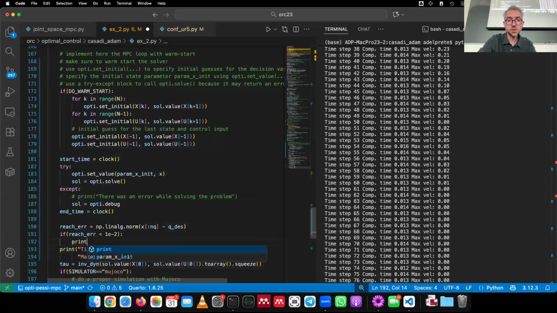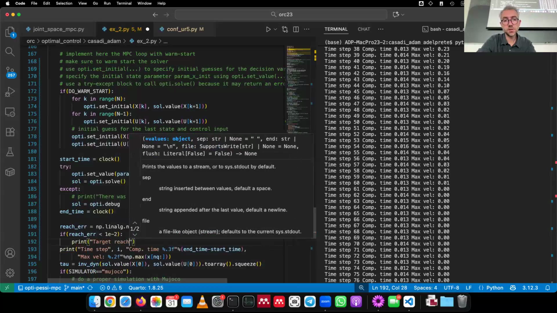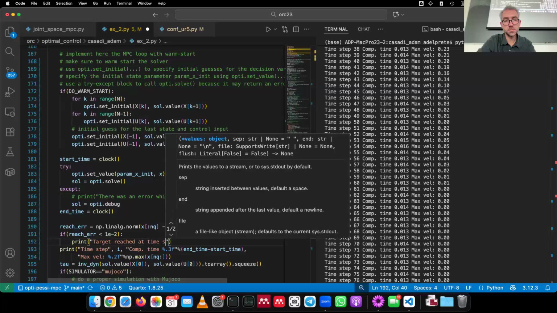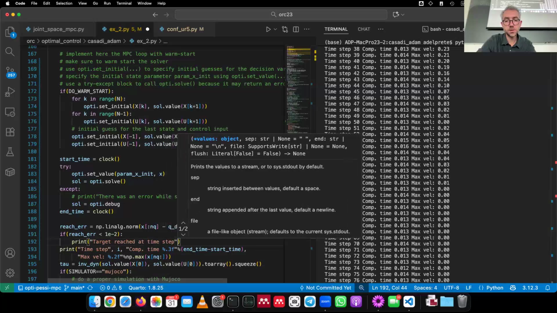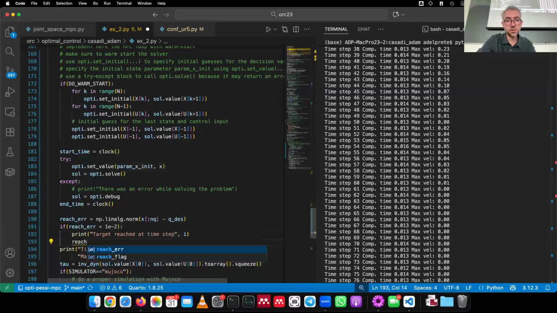Then we print target reached at time step I. And then we say reach flag equal to true. And here we also add this condition so that we don't keep printing this over and over.